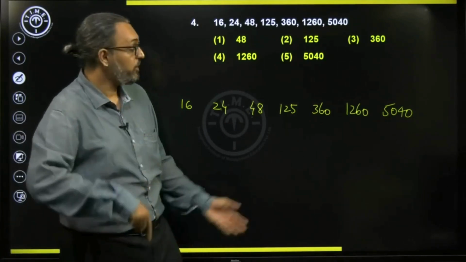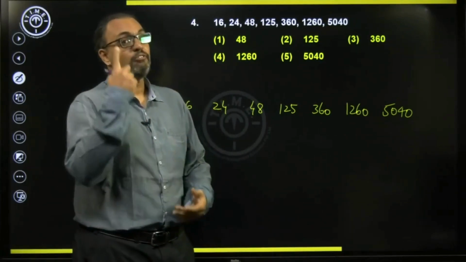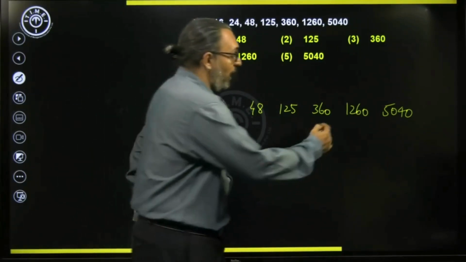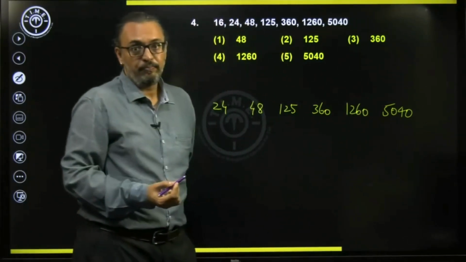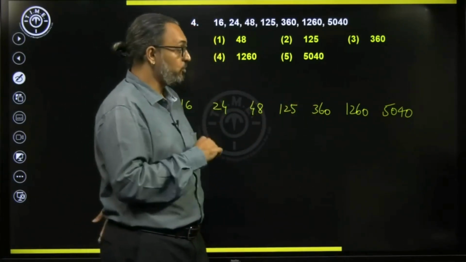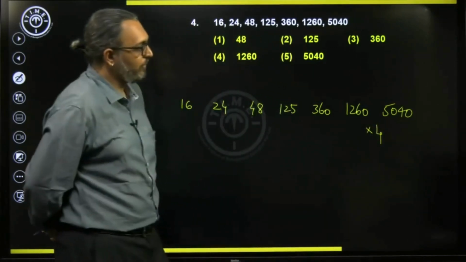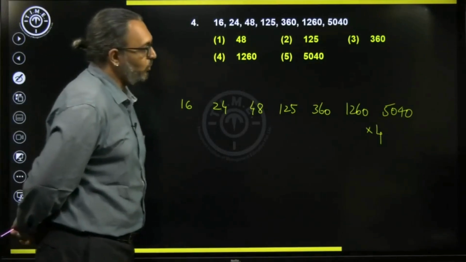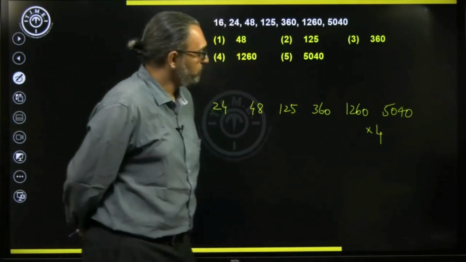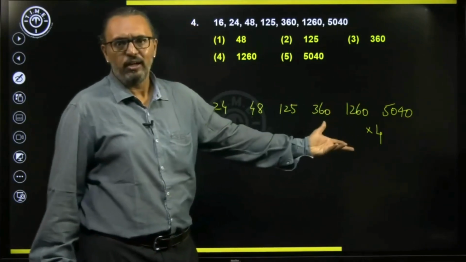Now what multiplication? We can start from the last, because if you take big numbers only one product will work. Now you have 1260. Now 1260 multiplied by how much will I get 5040? It is into 4 times. 125 into 4 is 500, correct?